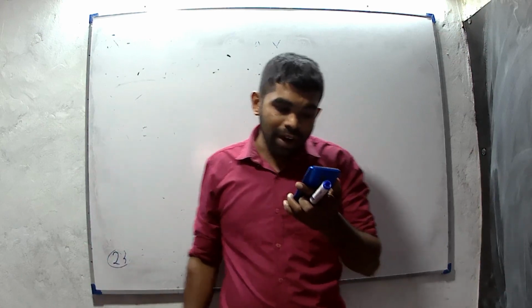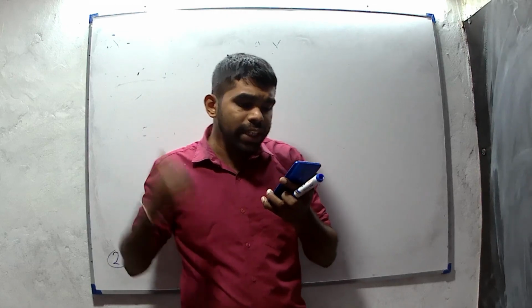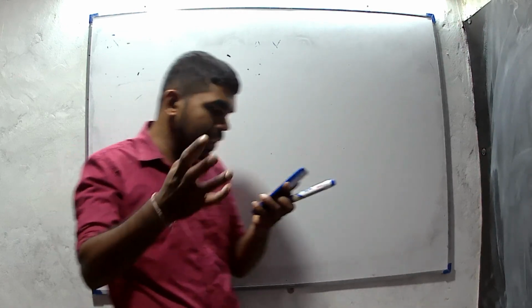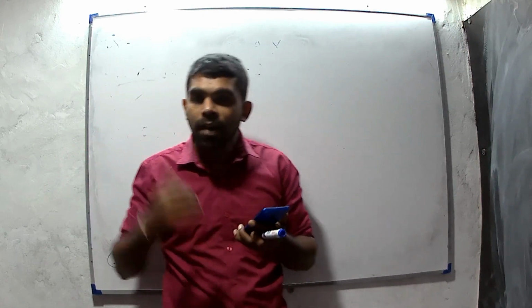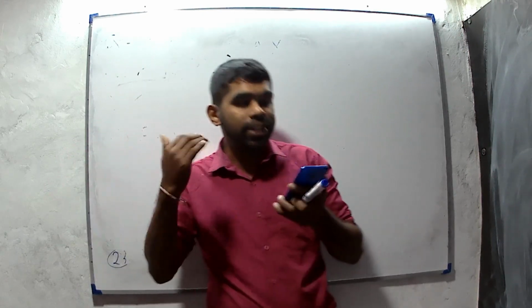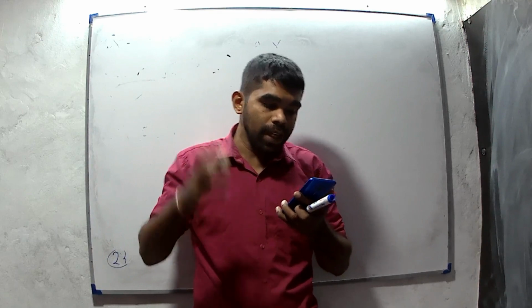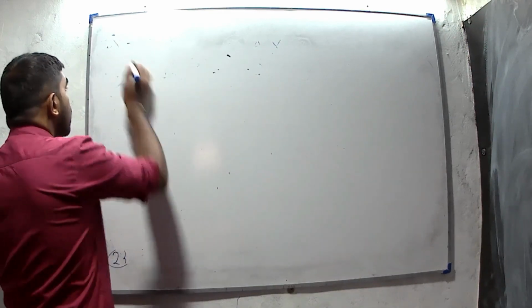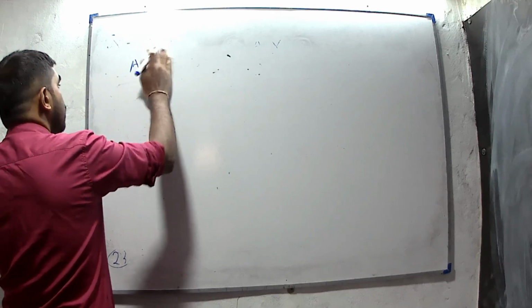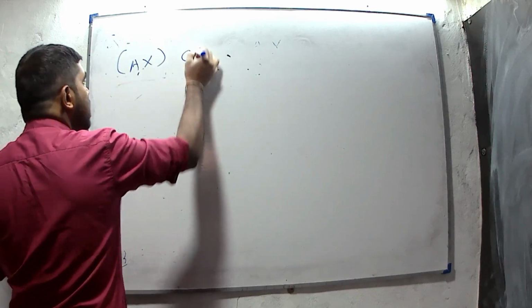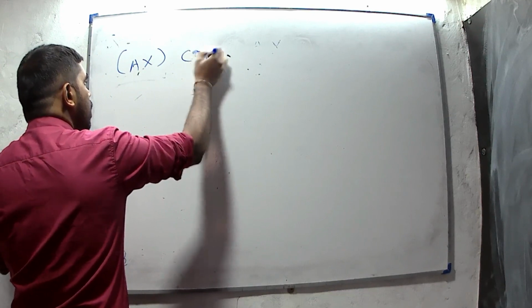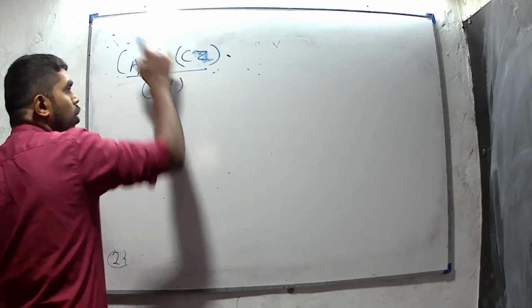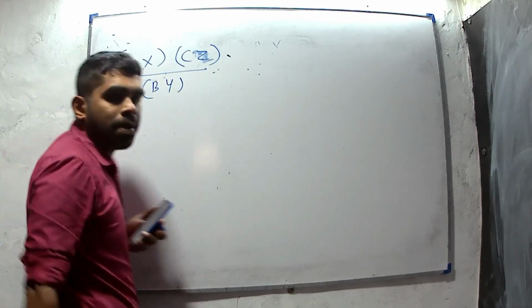Third one, AX into CZ divided by BY. First term multiplied by third term divided by second term. We know that these three terms have the same dimensions.